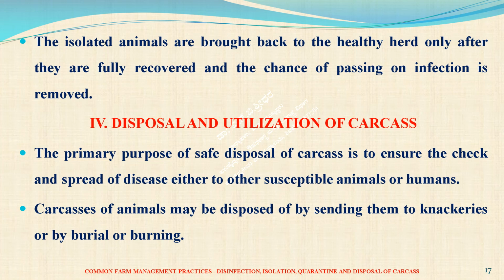Carcasses of animals may be disposed of by sending them to knackeries, or by burial or burning. Sometimes it is impossible to burn a carcass weighing about 350 to 400 kg. Then burial is always the better process.